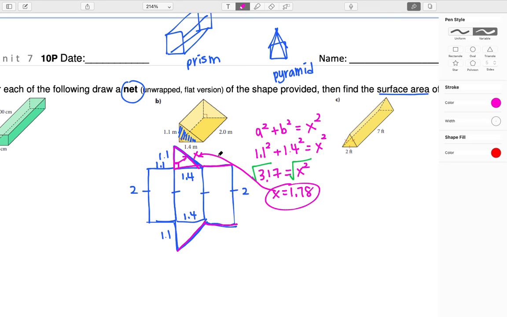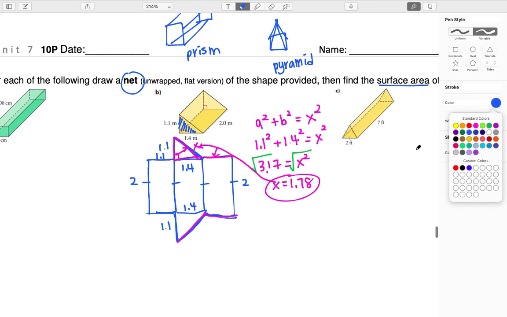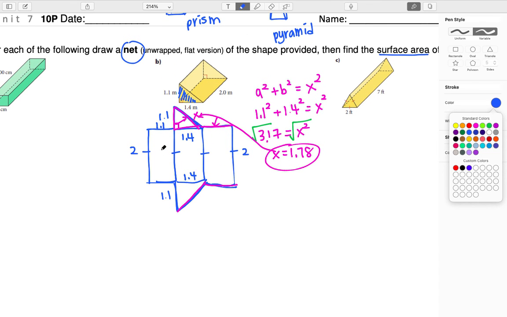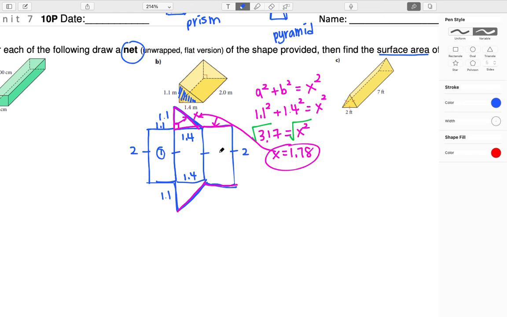So that's what it is for this length here, and here. So now that I know this, let's write down the formula for surface area. It looks like I'm given shape 1, shape 2, and shape 3. They're all different because the length is different, but the triangle is the same.